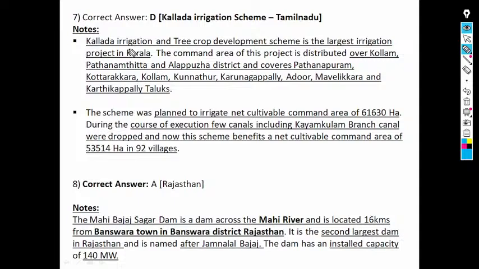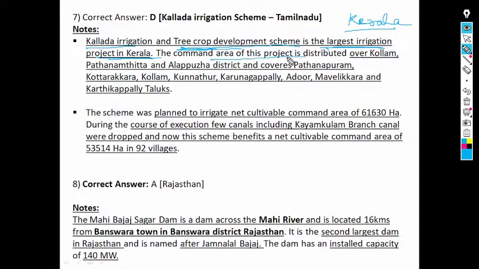Look, the Kalada Irrigation and Tree Crop Development Scheme is the largest irrigation project in Kerala. This Kalada irrigation project is not in Karnataka, rather it is in Kerala.